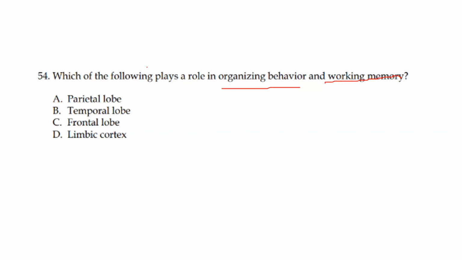Okay, so basically the part of the brain that is going to be responsible for organizing, working memory, planning, and handling, all of that is going to be the dorsolateral prefrontal cortex, which is in the frontal lobe. Okay, so the answer in this case is going to be C.